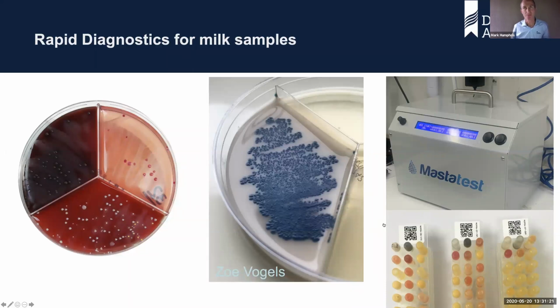And some of you may be very familiar with this, but if you are using diagnostics to make treatment decisions, then as a routine, a sample will be taken from every cow and then sent or tested, and treatment is not started unless the cow is sick.